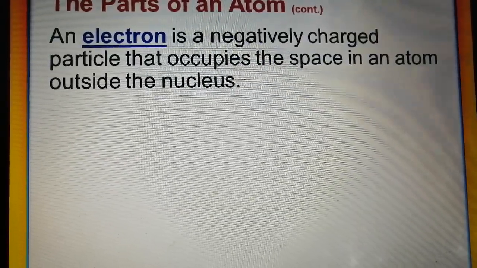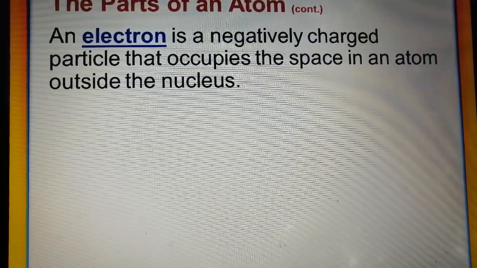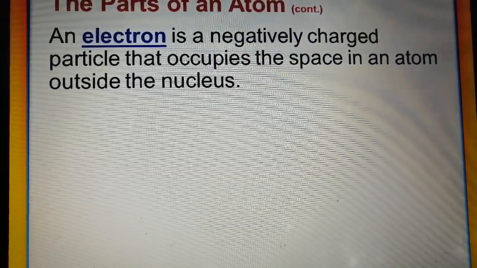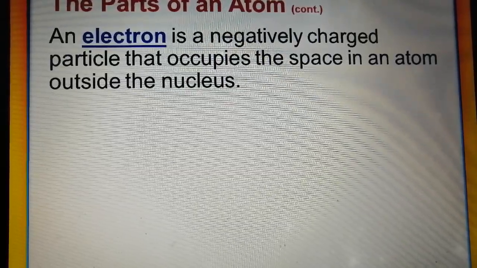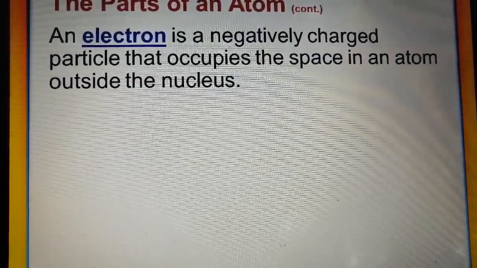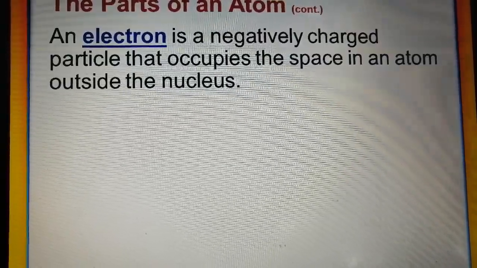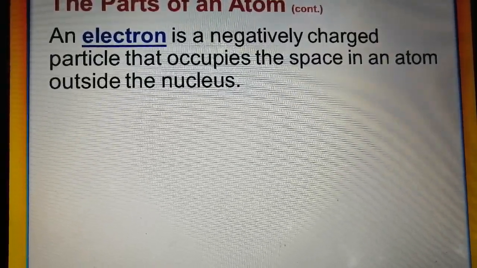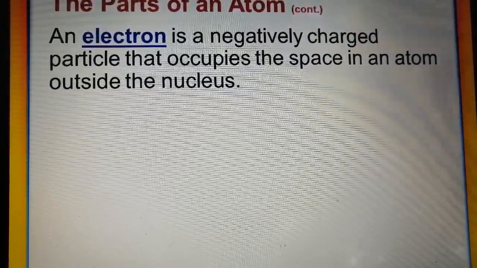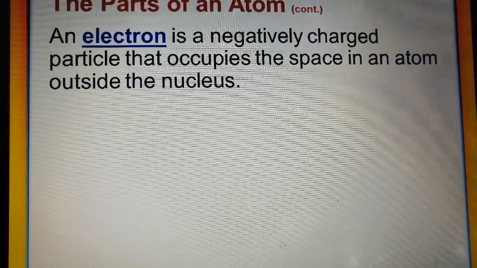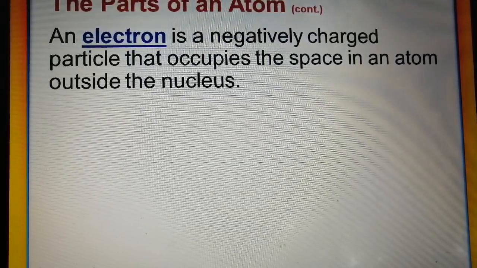It is a negatively charged particle that occupies the space in an atom outside the nucleus. You must know that electrons revolve around the nucleus, okay? And electrons have a negative charge, but protons have a positive charge.